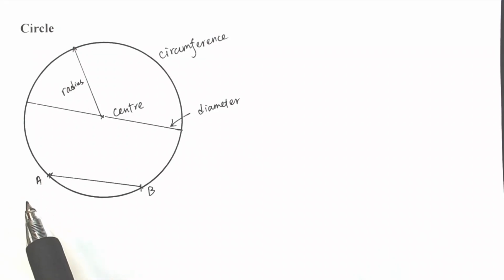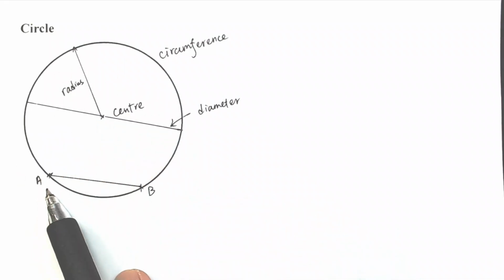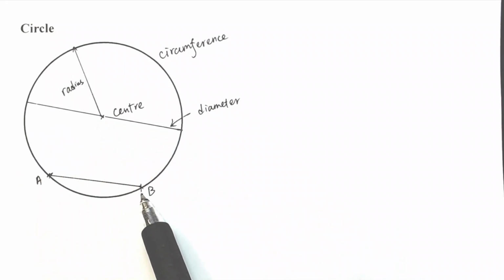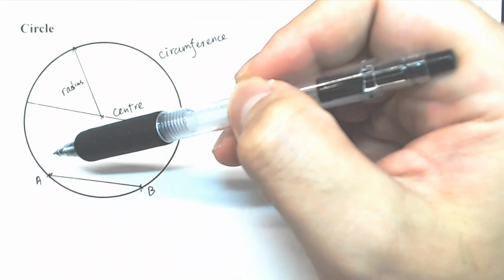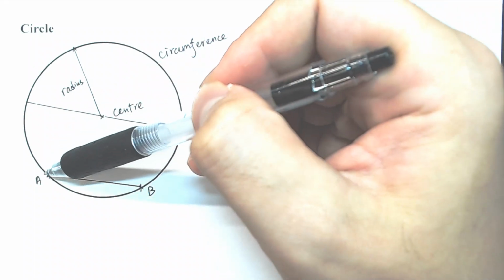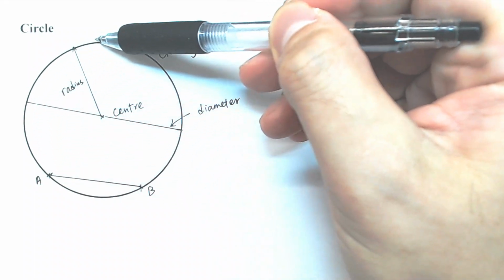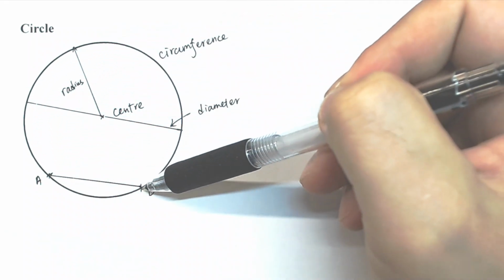Also, if a curve on the circumference runs through A and B from here to here, we call it the arc AB. And you may think that A can travel on the circumference from here along this longer loop to B, right?